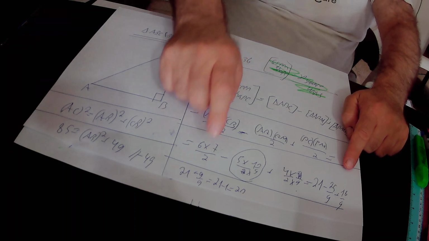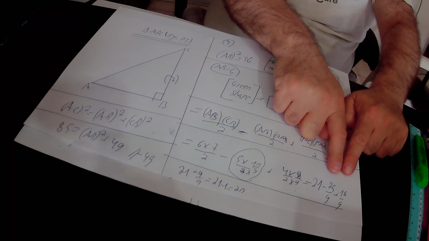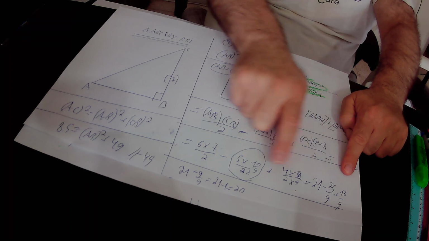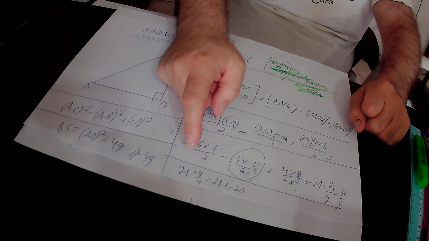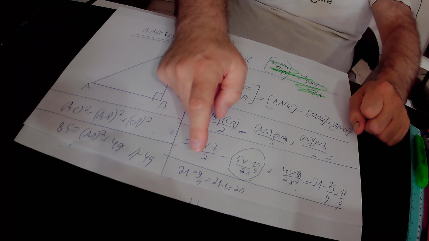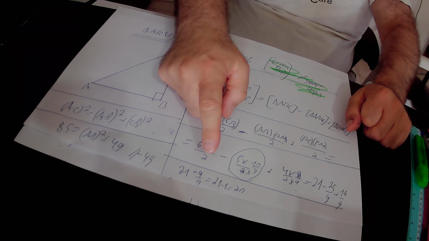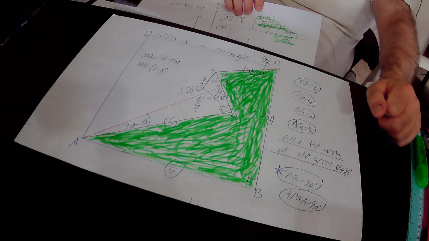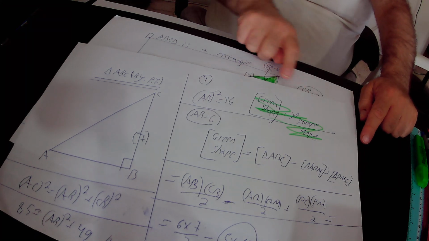So it is 21, and minus 25 plus 16 is minus 9, so this expression equals minus 9/9. So the area of the green shape equals 21 minus 9/9. Minus 9/9 is minus 1, so in total the area of the green shape equals 21 minus 1, that is 20. In conclusion, I found that the area of this green shape equals 20 square units.